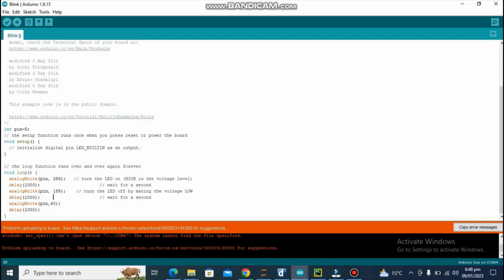So what will happen due to this voltage decreasing after passing of 1 second is that our LED, which initially would be shining fully, its brightness will decrease after 1 second, and the brightness will further decrease again after 1 second passes. So let's now upload this program to our Arduino and see what happens to the LED.